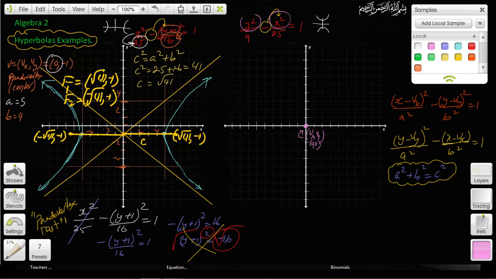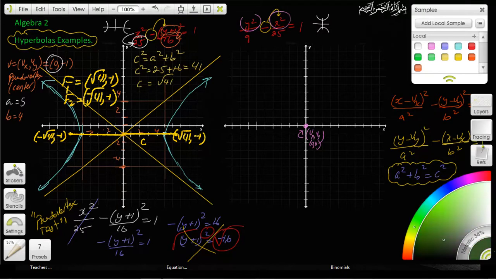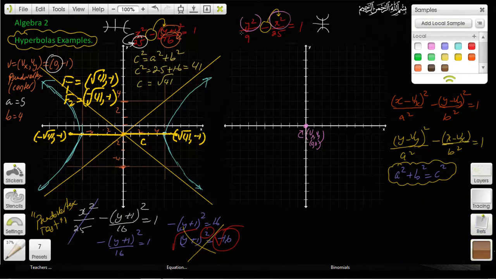And then you make that rectangle, correct? So let's make that rectangle. I used brown this time, so let's just do the same thing. Maybe a little lighter. Okay, so here we go. And then from the pseudo-vertex, you go square root of 25, 5 units in this direction. So 2, 3, 4, 5, right there.